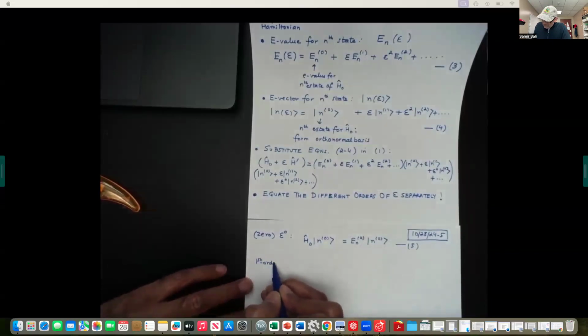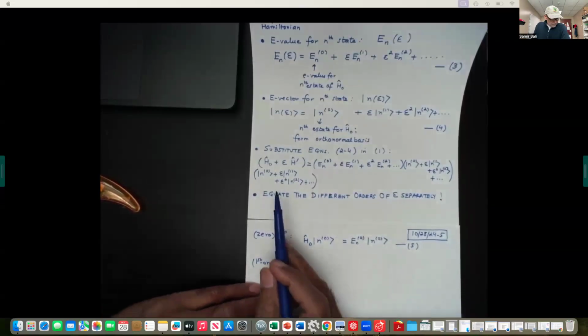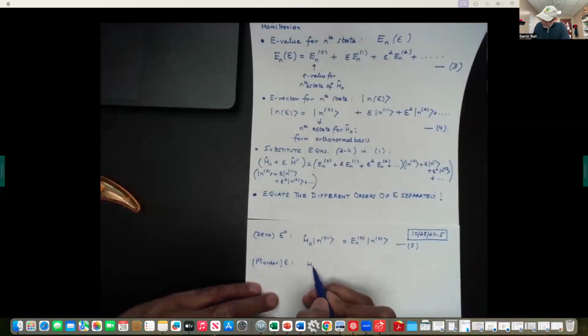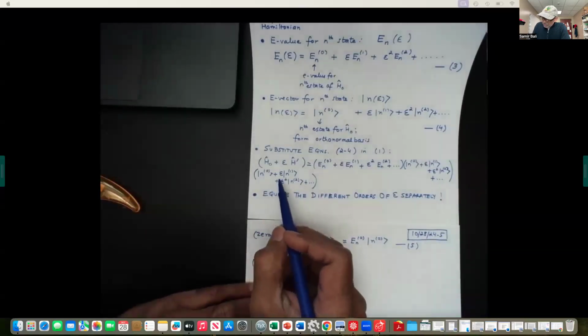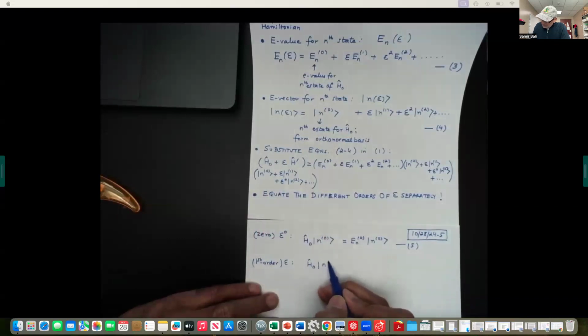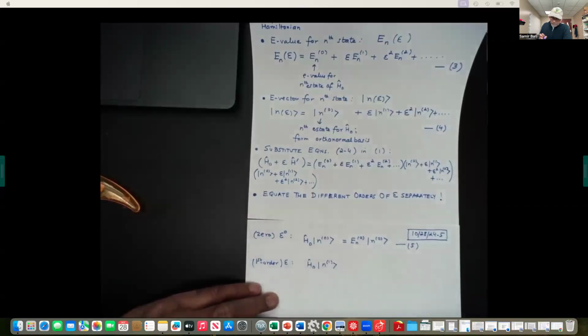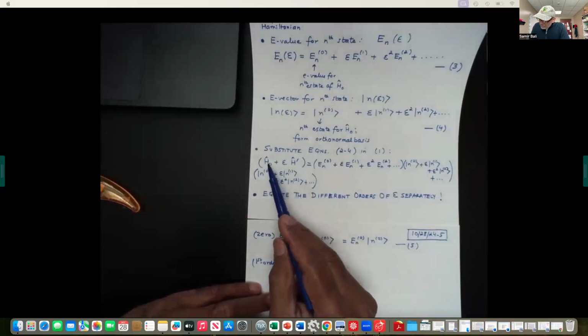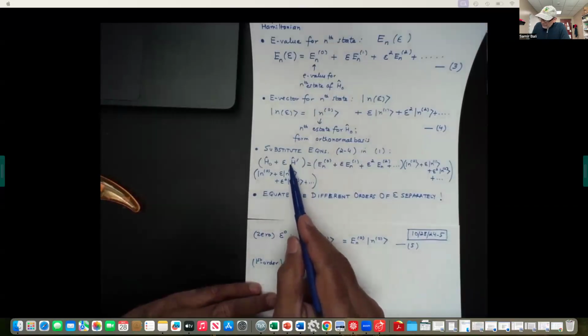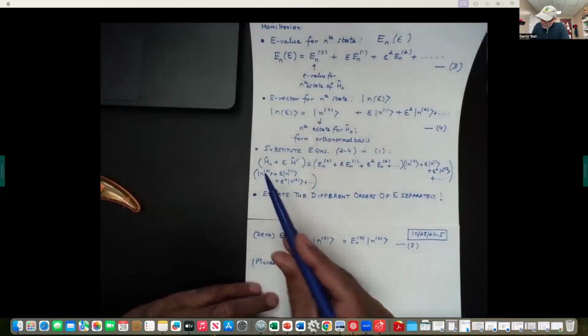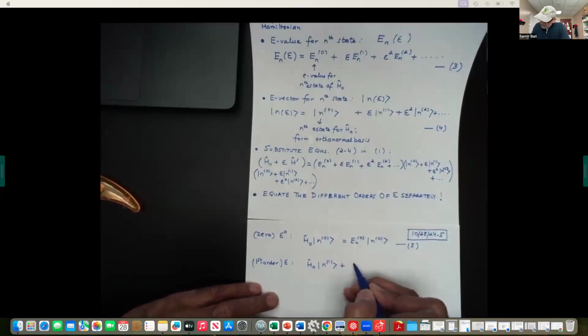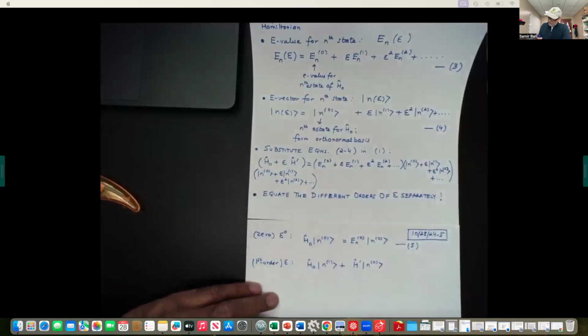What about the first order? And here things become interesting. On the left-hand side, I'm looking for the first order in epsilon, so H naught acting on n1, the first order correction. But I also have epsilon H prime acting on n naught. That's from the left-hand side.